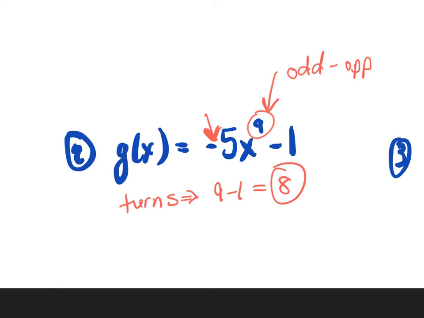Negative 5. So think about a cubic function. If it's negative, it's going to slope downwards like this. So what's happening on the left-hand side of the graph? Is that graph rising or is it falling? It's rising. So you guys would tell me rising right.